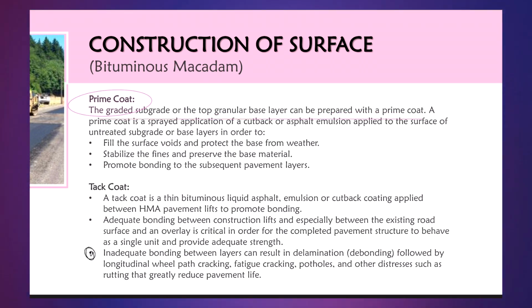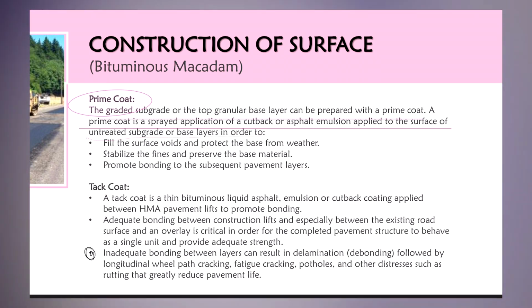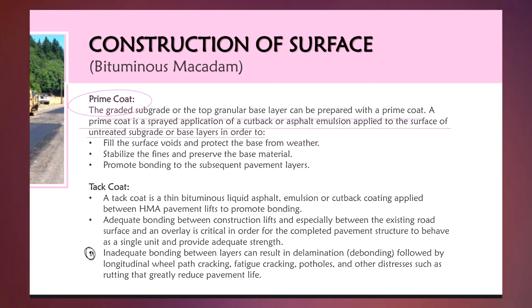A prime coat is sprayed application of a cutback or asphalt emulsion bitumen applied to the surface of the untreated subgrade or base layers in order to, first of all, fill the surface voids, which is usually to protect the base from weather. And then it is to stabilize the fines and also preserve the base material. Lastly, it is to promote bonding to the subsequent pavement layers. That is the use of the prime coat.